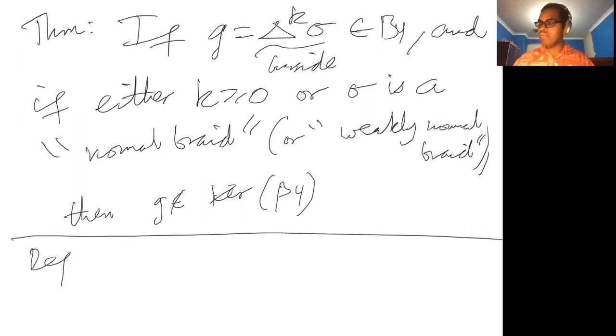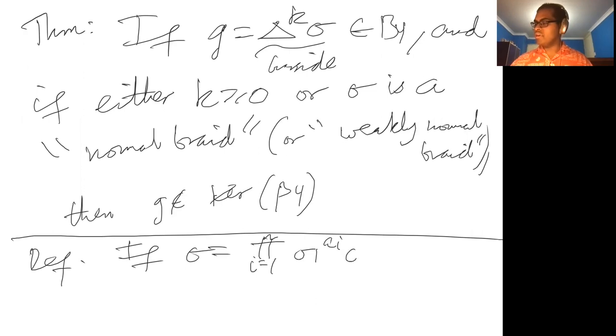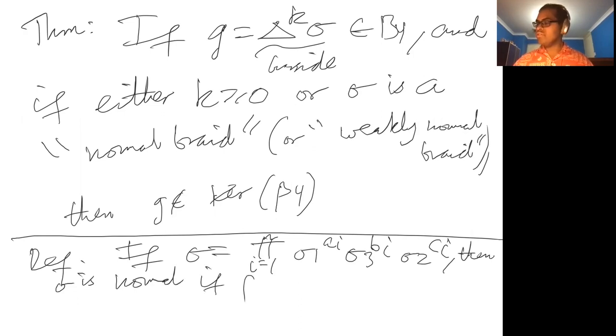So the definition of a normal braid is as follows: if sigma is a positive braid, written as a product of the generators. So I'm going to write it in the following way, just a product of powers of the generators where all the exponents are positive. Then we say that sigma is normal if the following condition is true for each p less than n. There are actually two conditions.